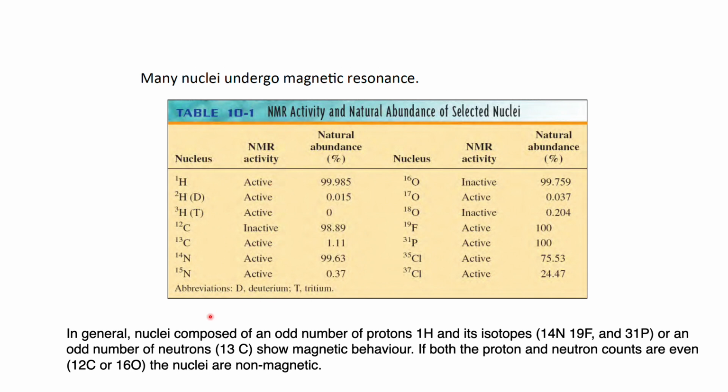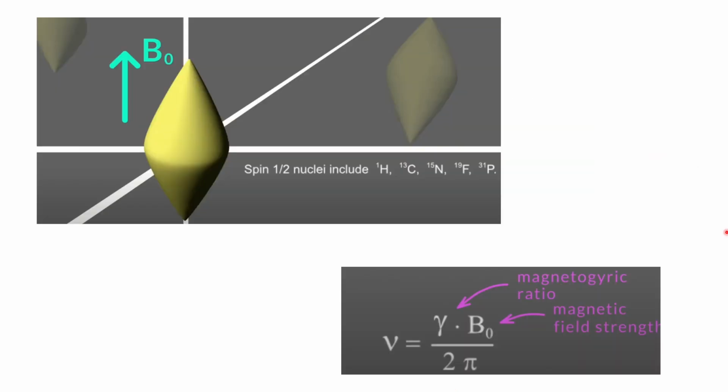If both the proton and neutron counts are even, like 12C or 16O, the nuclei are non-magnetic. So it is the positively charged nucleus that NMR spectroscopy detects and gives us a lot of information about the overall structure of the molecule.